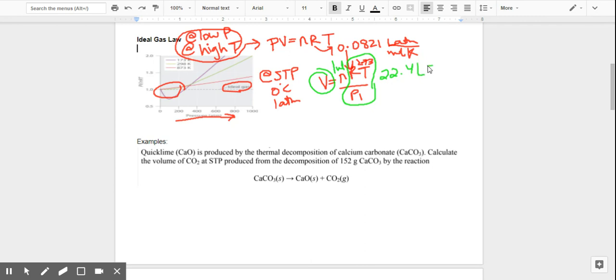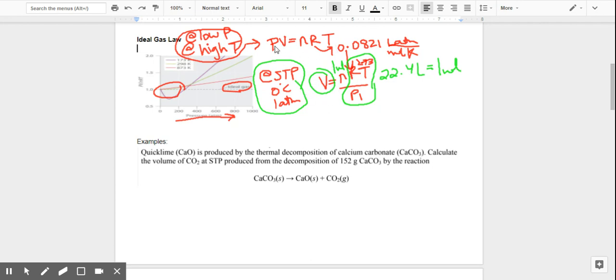So when we were working with stoichiometry, we said we can just set up a stitch to convert liters to moles or moles to liters and use that number 22.4. Where that number was coming from was this RT over P, but it's very specific. It's at STP. So I wanted to show you guys that again to reinforce the idea.